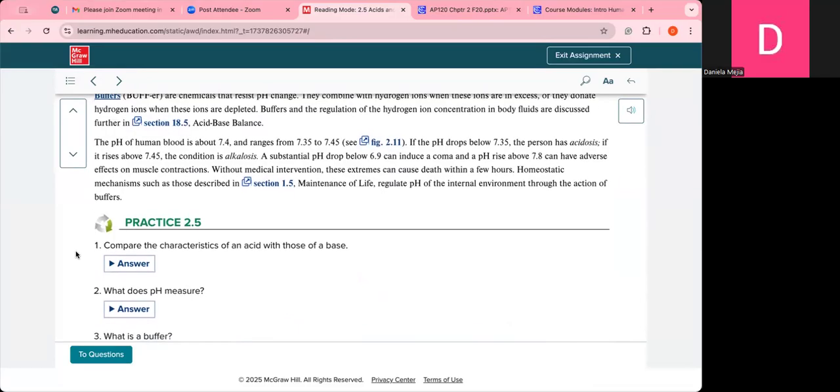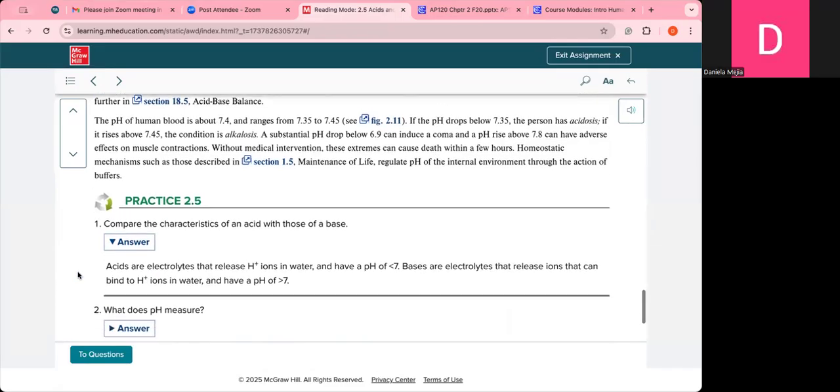Okay, that's buffers, that's bases. You can look at the answer if you want. Acids are electrolytes that release hydrogen ions in water and have a pH less than 7.